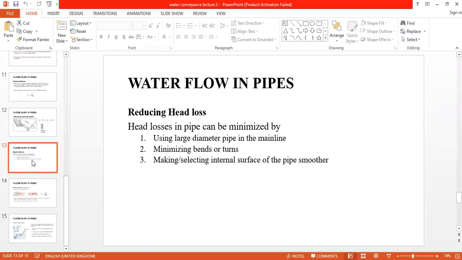Make sure that you have one straight main line where smaller ones will connect going to your fields. The other thing is that you can use pipes which are smoother on the internal surface, and that will make water flow smoothly. Those three can help you reduce the head loss.